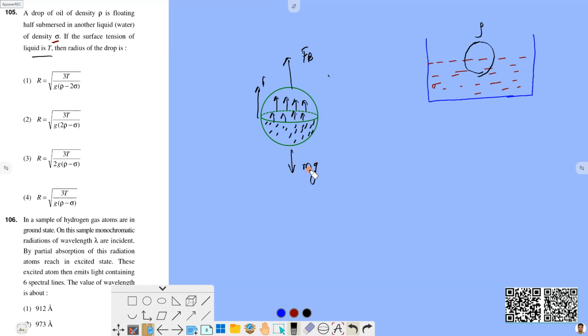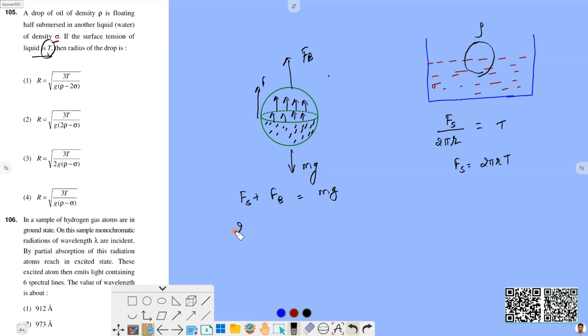So our balancing equation will involve the force due to surface tension. We know that surface tension is basically force per unit length. So force due to surface tension by length, and it is acting along the circumference, so length will be 2 pi times radius, is equal to the given value of surface tension, that is T. So Fs is equal to 2 pi r T, and the balancing equation here will be Fs plus Fb, where Fb is the buoyant force, is equal to mg.